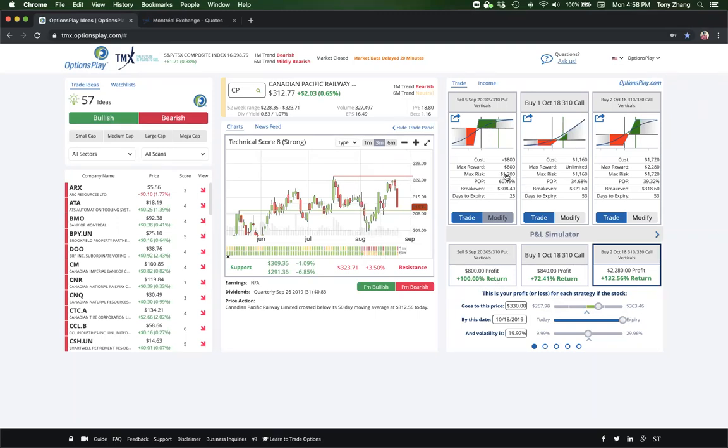So you don't necessarily want to risk $1,700 just to make $800 if you think the stock's really going to rally. Because if you think the stock's going to really rally, there are other strategies that allow you to risk the same amount to make substantially more. Because if this stock rallies up to its one standard deviation move around 337, here you can make $1,500 or $2,200 on this specific stock.